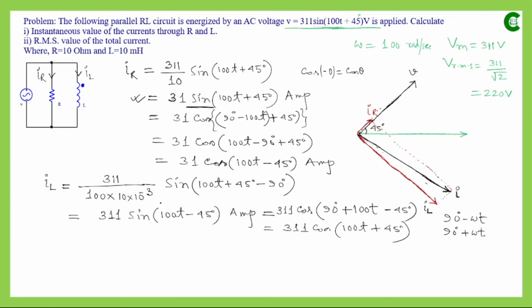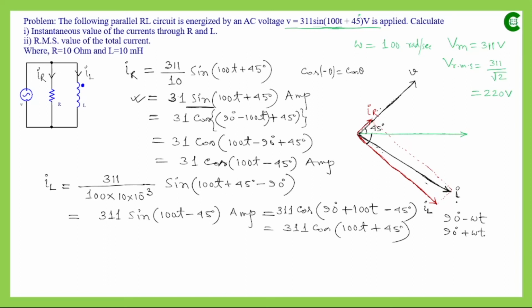And from the expression of IL, as we have seen, it is 100t minus 45 degree, and this phase difference is with the reference line. So if we take this angle as 45 degree, IL is lagging this reference line by 45 degree.